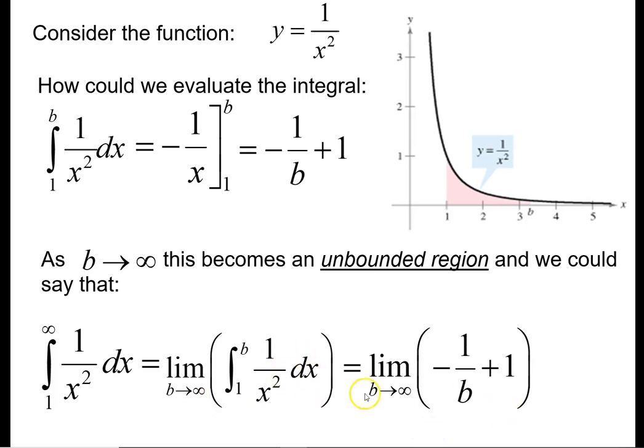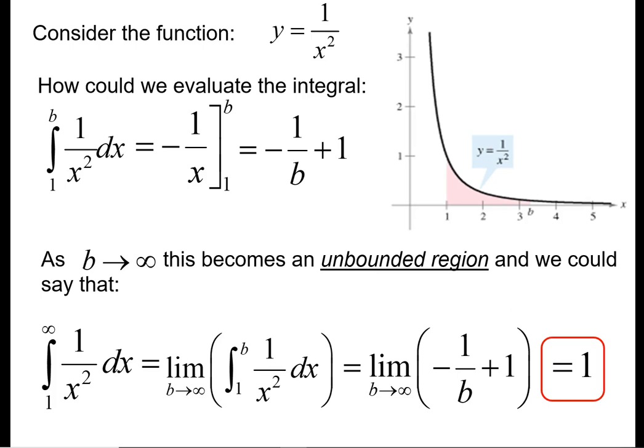The integral of this, we just said, was negative 1 over b plus 1 from back here. So now take the limit of this expression as b approaches infinity. What happens to the first expression as b gets large? Negative 1 over b approaches 0, and so that just leaves us with 1. So think about the area under this curve from 1 to different numbers: 1 to 2, 1 to 5, 1 to 100, 1 to 1,000,000.